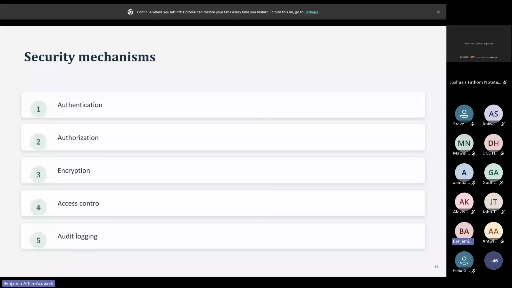Now, the word audit just adds to logging. Auditing is an accountability mechanism in a way, right? We want to be able to hold people accountable for their actions on the platform.